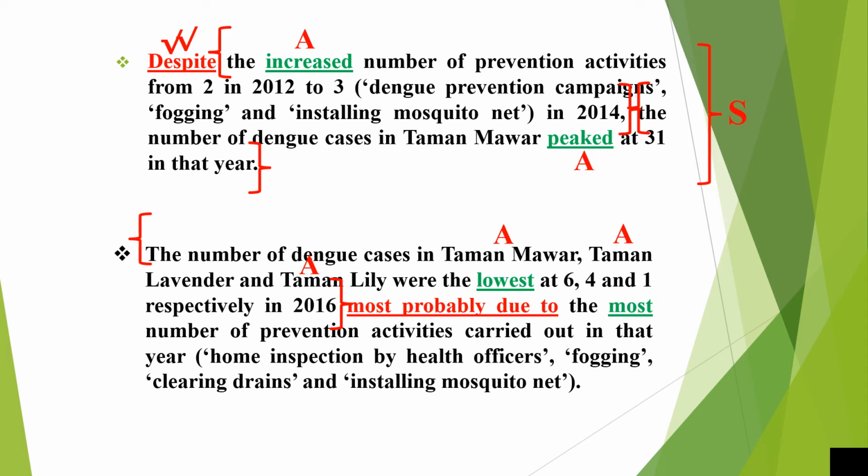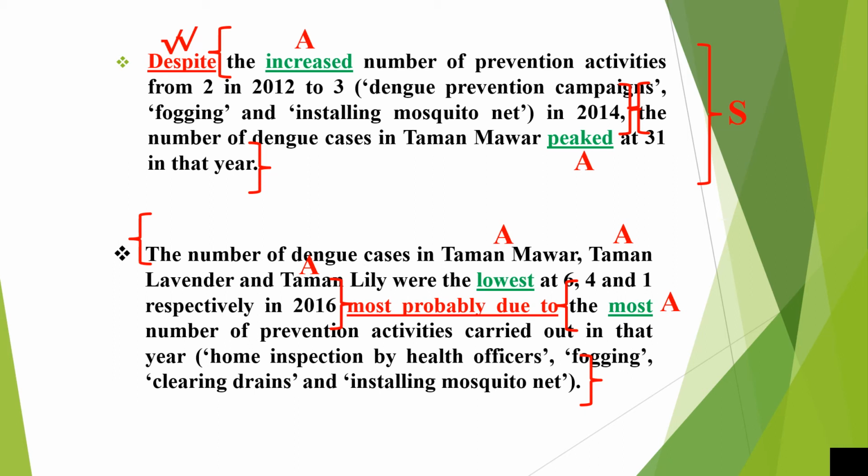So you can see another analysis, another analysis with the trend word used, most. And you must be wondering why are we having 3 analyses here in the first part of the information given. Lowest, 6 for Taman Mawar.